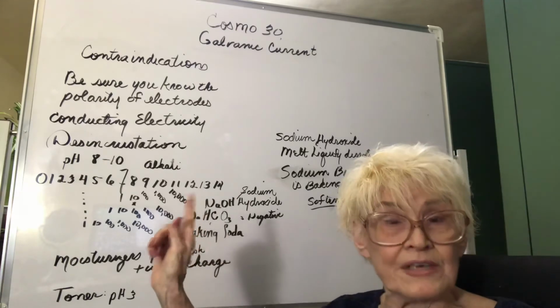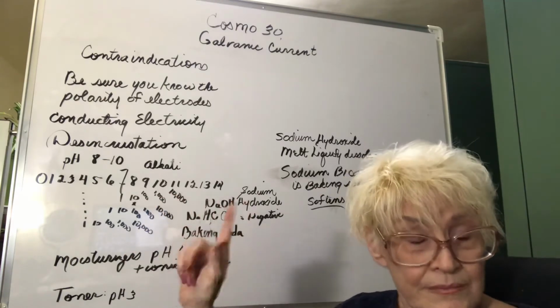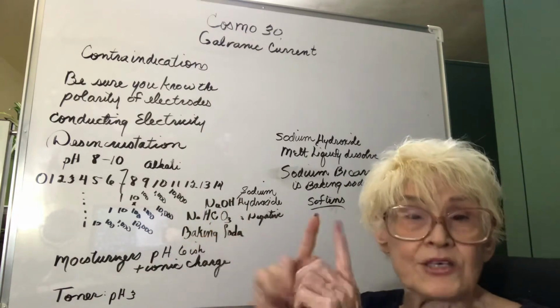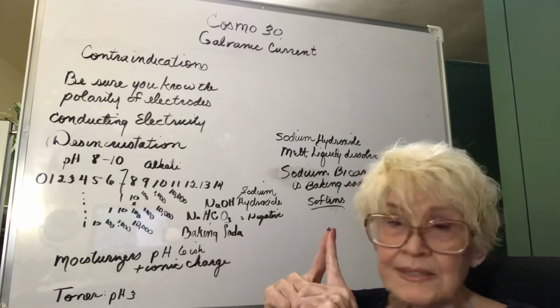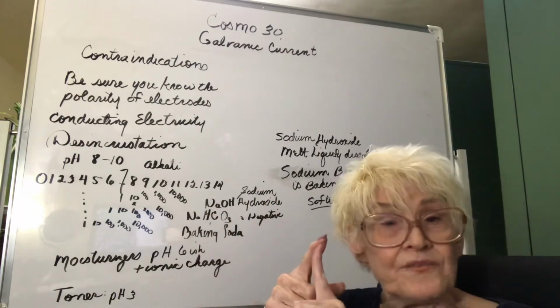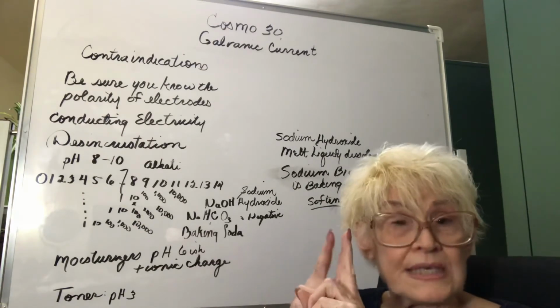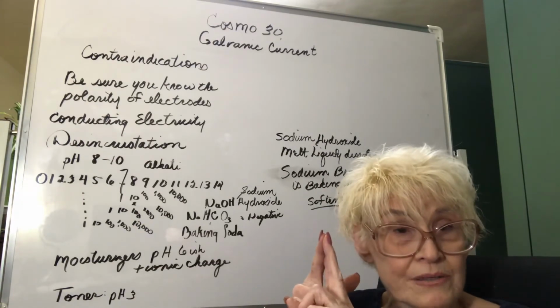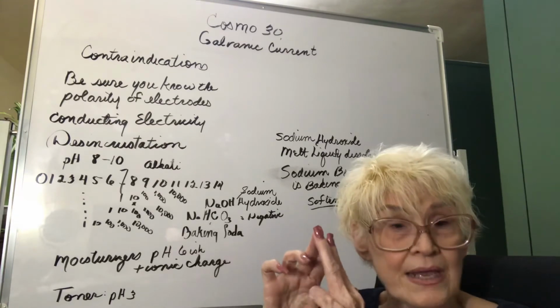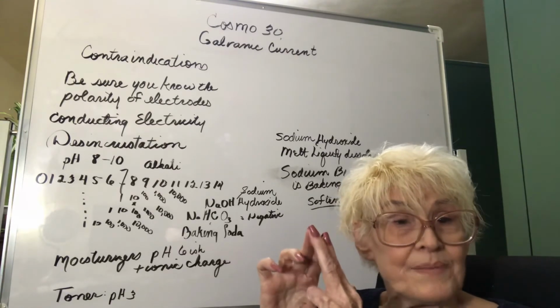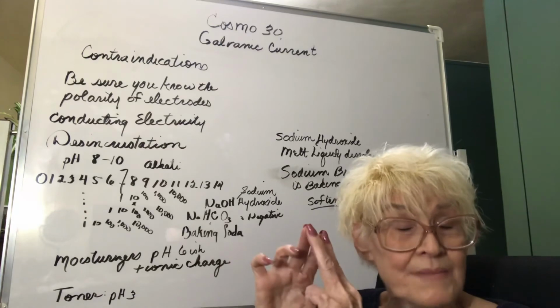Always when I have completed my service, I have to make sure my client has a pH as close to 5 as I can get her. I have to make sure she is positively charged, because these two things create my acid balance, my acid mantle.